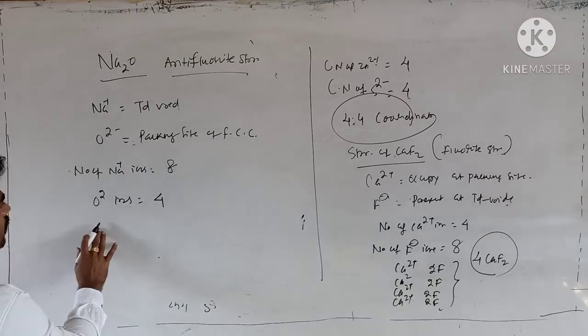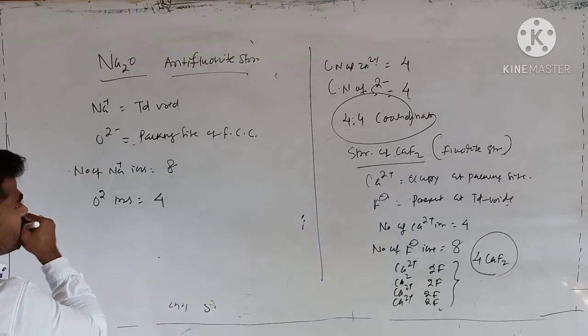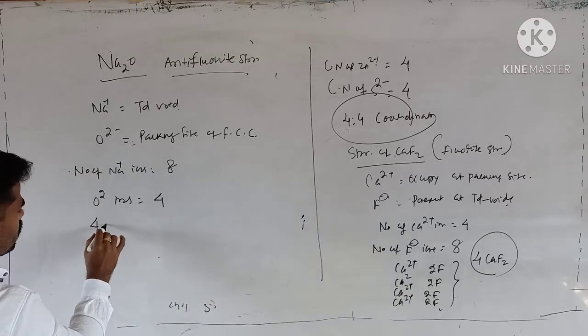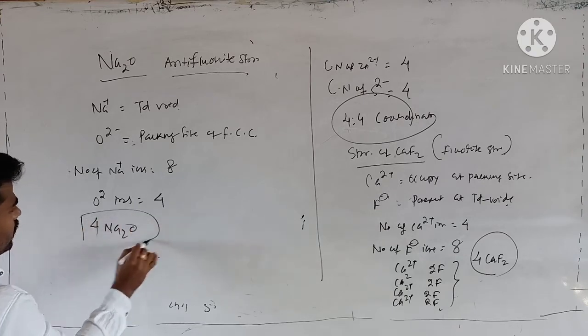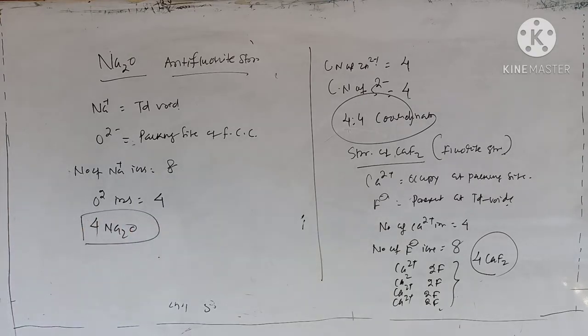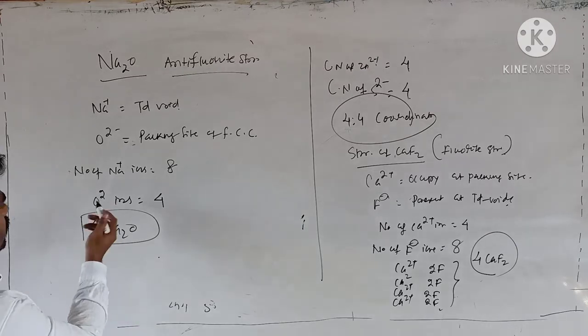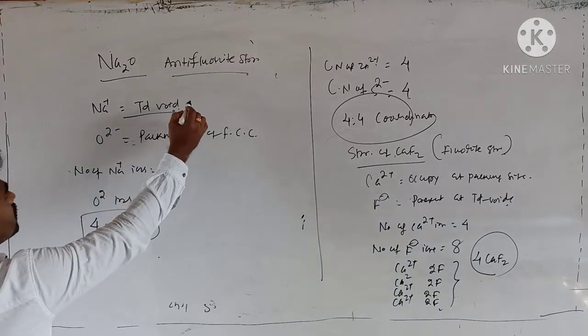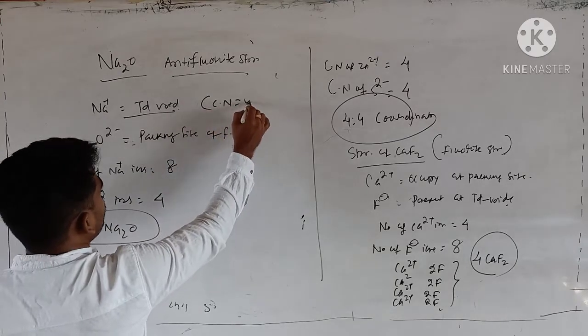So you can say there will be 4 Na2O formula units of antifluorite. That clear? Next, the coordination number: since Na+ ions are present at tetrahedral voids, the coordination number will be 4.